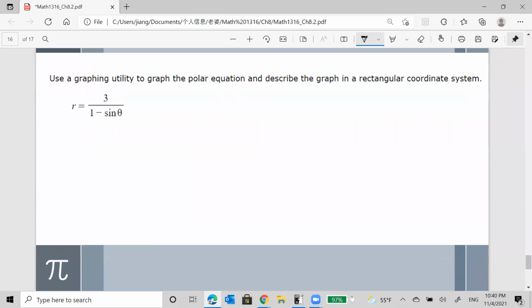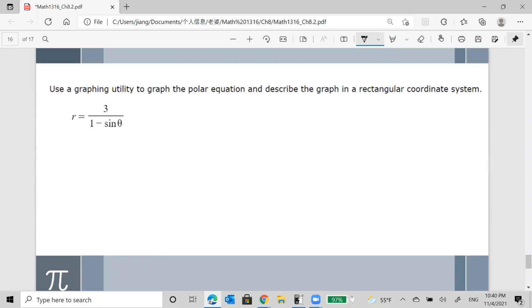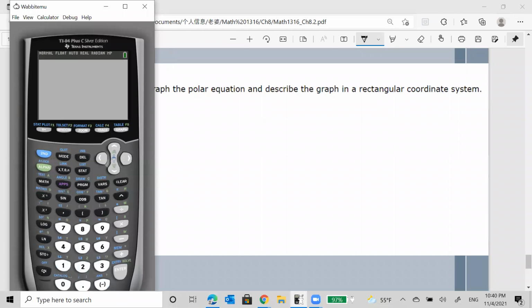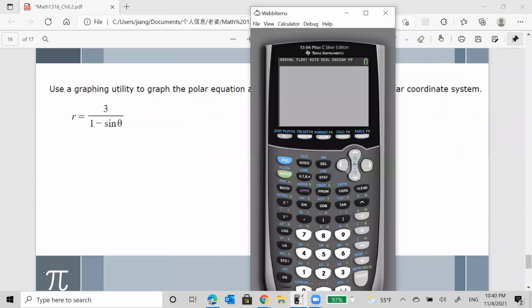So next example: use the graphing utility, graph the polar equation and describe the graph in the rectangular coordinate system. So let's use a calculator to graph this. So let's find the calculator. Look at this one. This is in the polar system. That means our mode must be in polar.